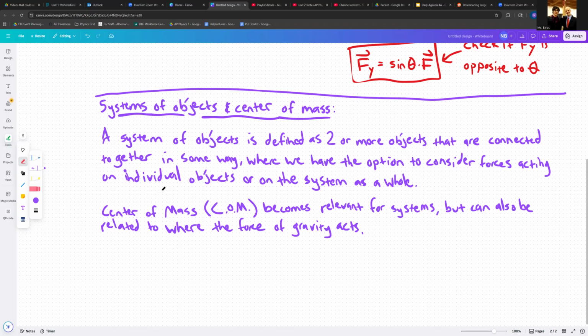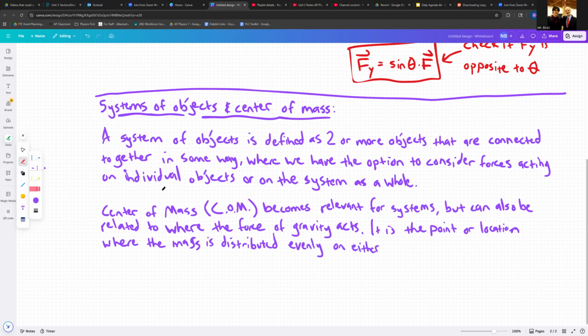Okay, so what is center of mass? It is simply the point or location where the mass is distributed evenly on either side of that point.